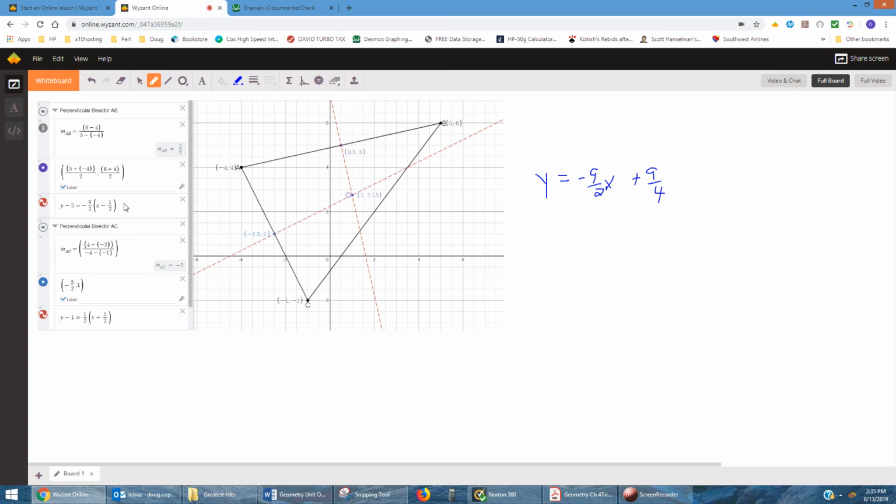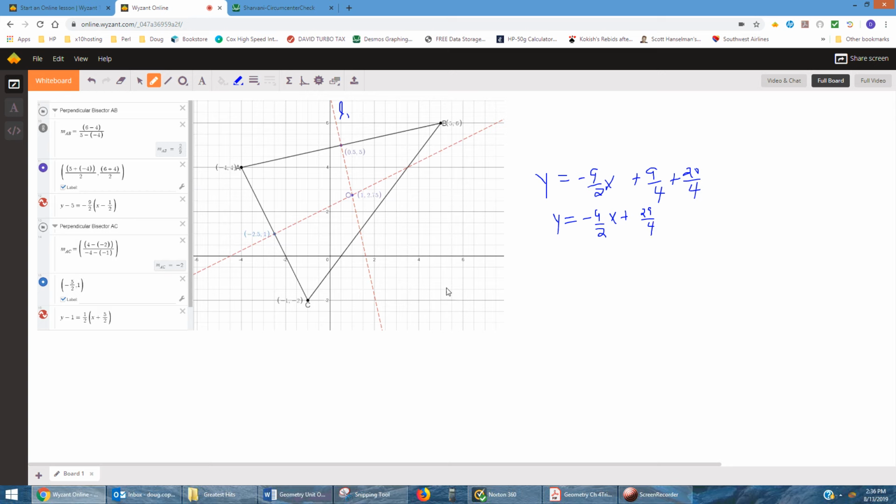It will become a +5, but I'm going to change that to 4ths, 20/4. So the equation of this line right here is y equals -9/2 x plus 29/4.